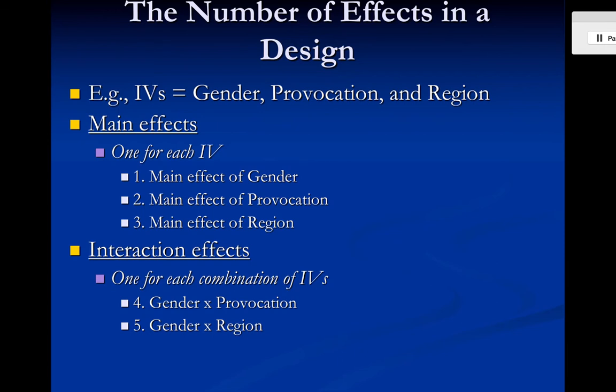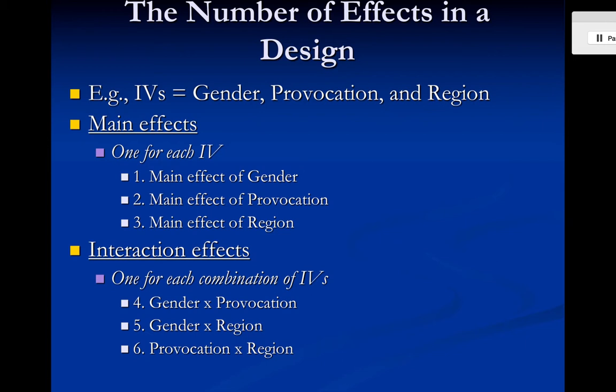I'm going to combine those 2 and exclude provocation, so I'm looking at the effect of gender and region on aggression. Next, provocation and region. Here I've excluded gender and I'm looking at the effect of provocation and region on aggression.